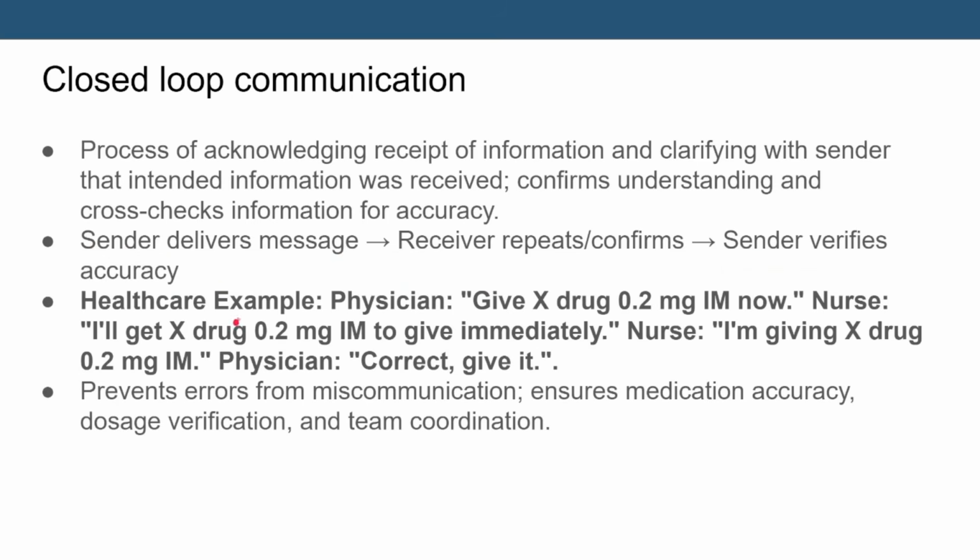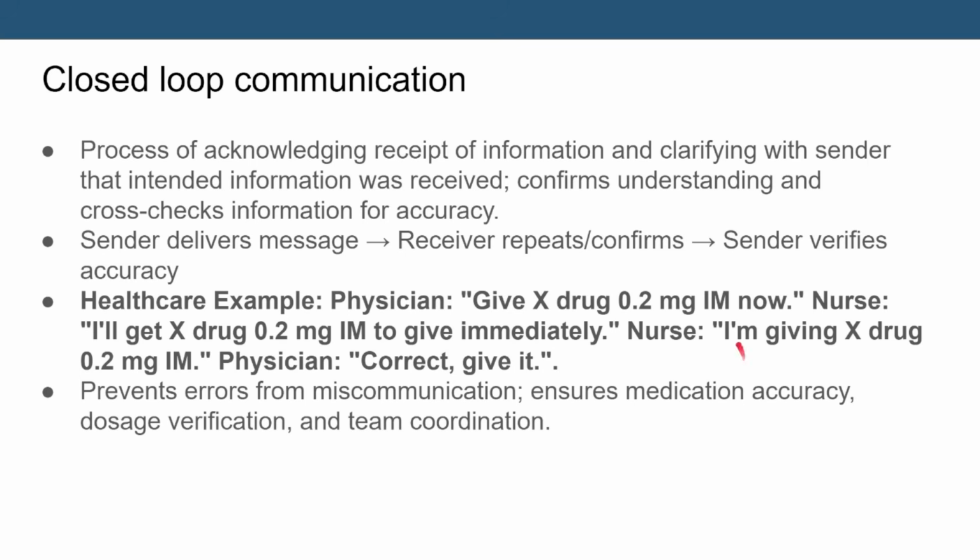So an example in healthcare would be a physician saying, give X drug 0.2 milligrams intramuscular now. The nurse doesn't just say, okay, I'm giving it now. That's wrong. The nurse is going to say, I'll get X drug. They are going to repeat what the physician said. I'll get X drug, 0.2 milligrams intramuscular, to give immediately.